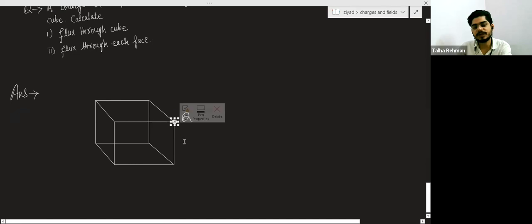This corner of the cube can be shared by 7 more cubes.